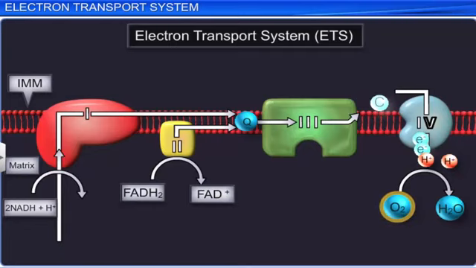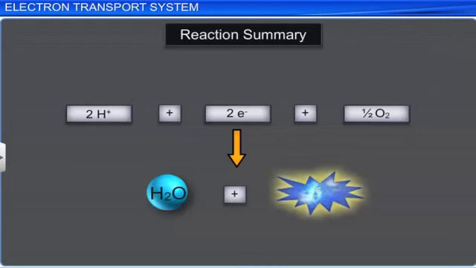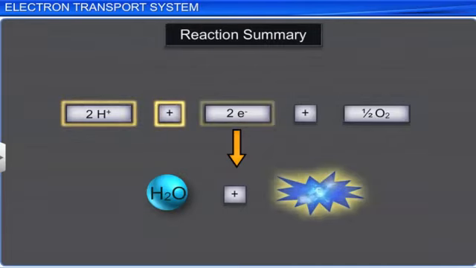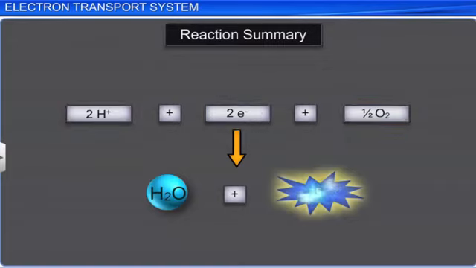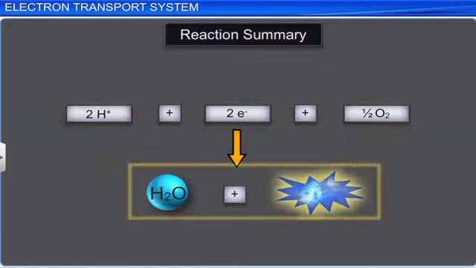Oxygen, on receiving the electrons, reacts with 2H+ ions and reduces to water and thereby drives the ETS. This reaction can be summarized as 2H+ plus 2e- plus half O2, which results in H2O plus energy.